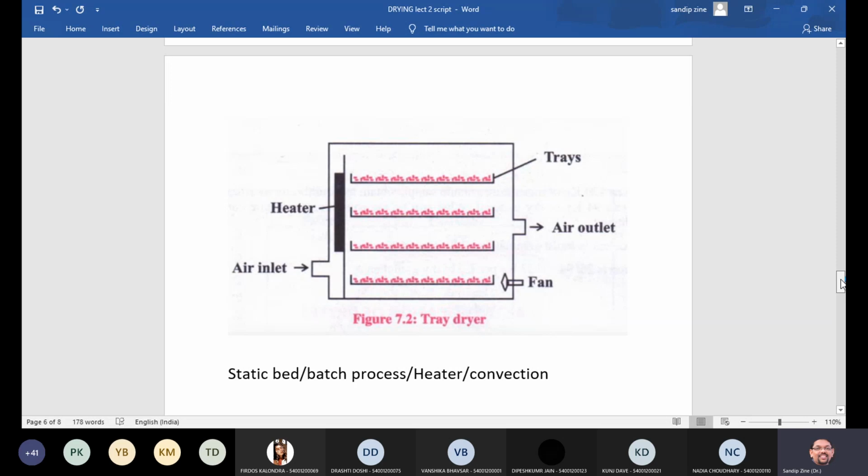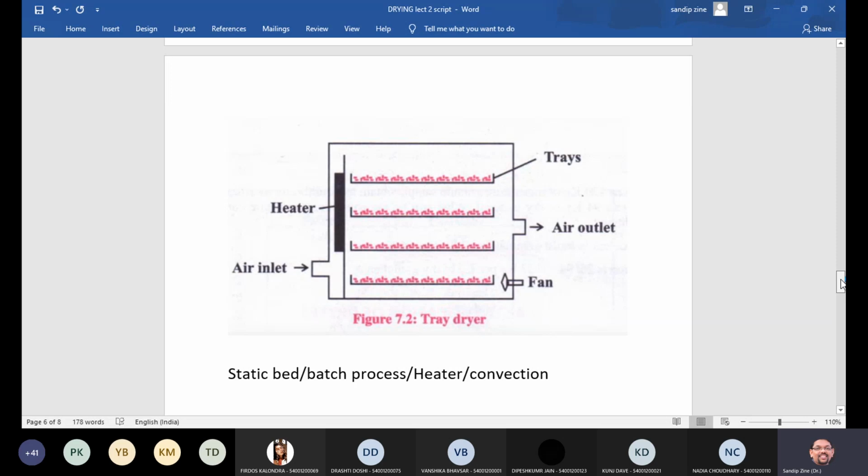Now construction. As you are observing this particular diagram, you can give me some points in construction, or in what way you will write the construction. For example, you will mention it consists of a chamber whose wall is insulated by thick glass wool or a suitable heat insulating material.